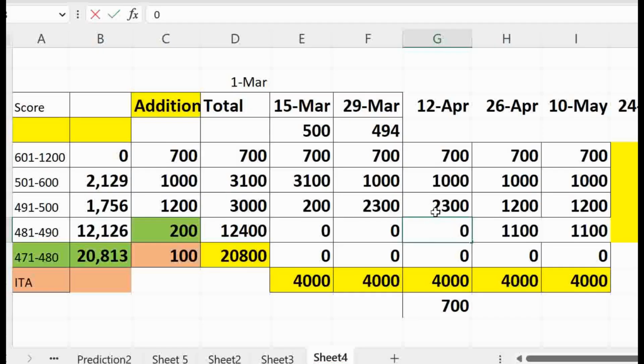So this means that if we pick up another 2300 in this slab, the score will fall down, and only 700 are left.